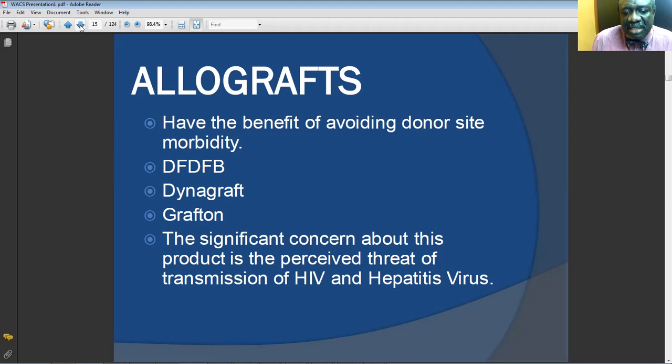The significant concern about this product is the perceived threat of transmission of HIV and hepatitis virus. And I say perceived because most companies that manufacture allograft have already tested the person before death for HIV and hepatitis virus.